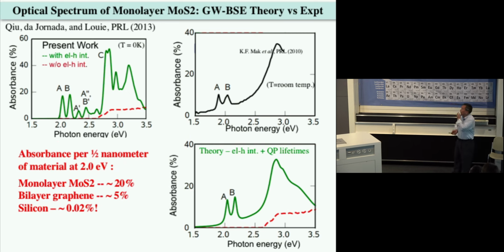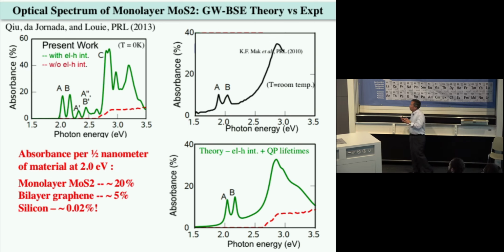How's it compared to experiment? This is some work that's done by Tony Heinz's group when he was still at Stanford. This is absorbance, absolute percent as a function of photon energy again. They see two peaks, A and B, which correspond very well to the first two peaks here. And then there's a strong absorption at high frequency, which corresponds to all these higher excited states of the excitons.